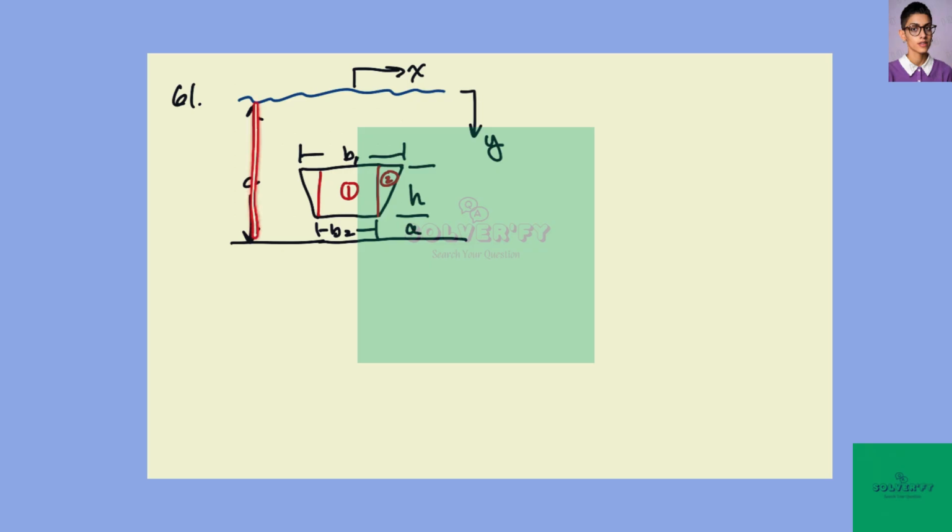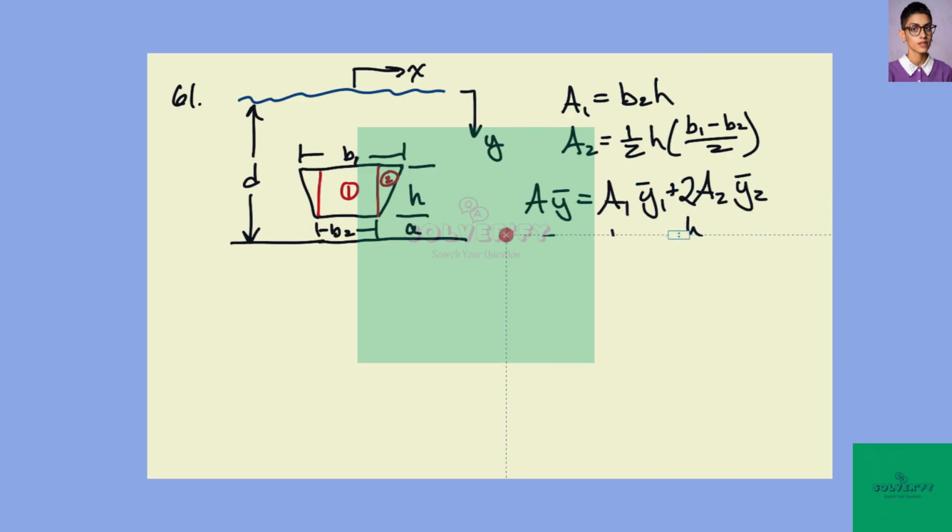We're looking for the depth of the water that will open this gate. We know how far the bottom of the gate is, we know these dimensions, the widths, and we know the height of the gate. So the area, I'm going to break it into three pieces, two triangles and a rectangle.